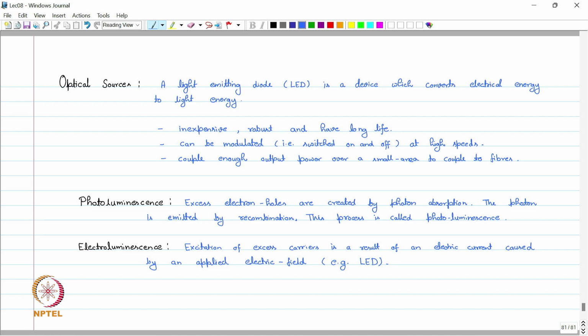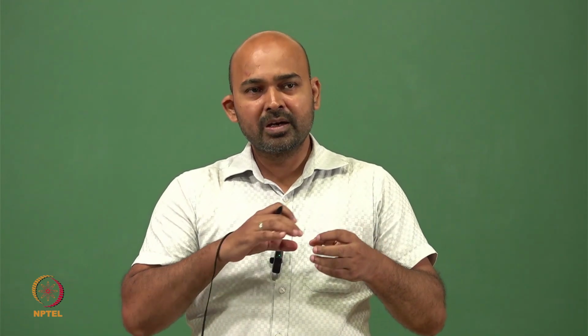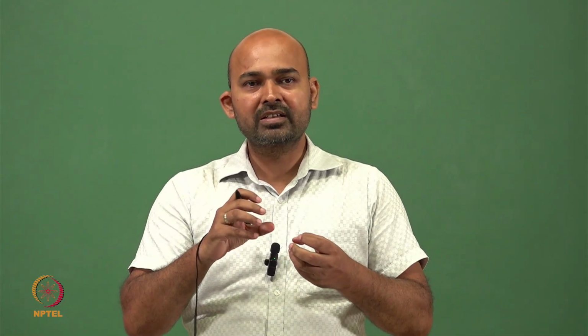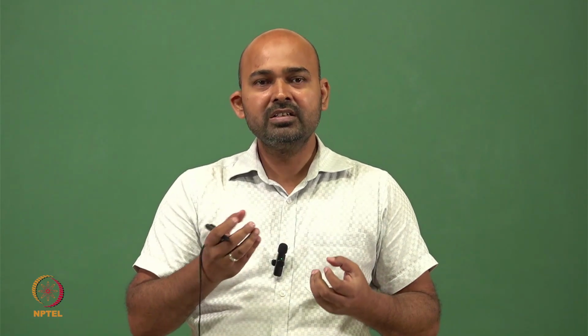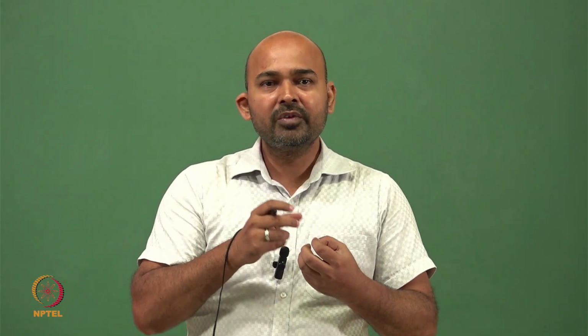So we see here two phenomena. One is photoluminescence. In photoluminescence, an electron hole pair combines and they get annihilated, releasing the amount of energy. This energy is released in terms of a photon. So a photon gets generated by annihilation of electron hole pair. So this is photoluminescence.